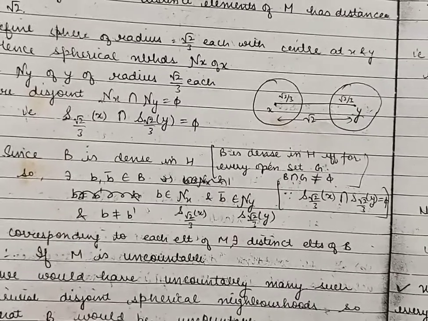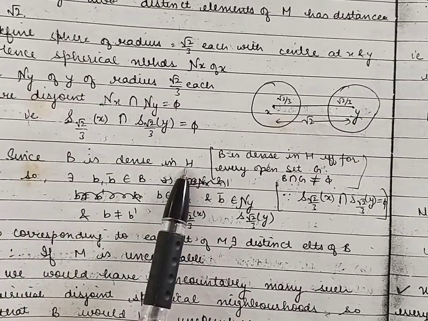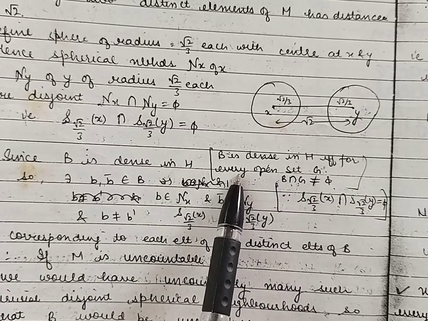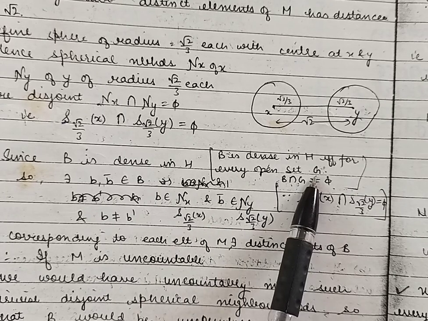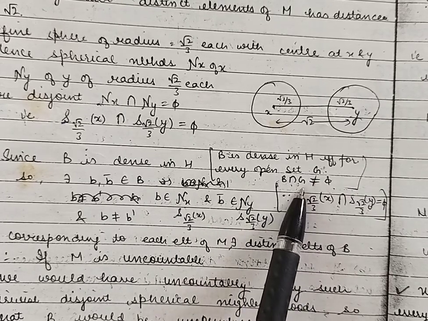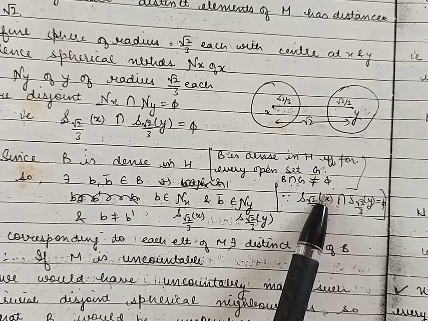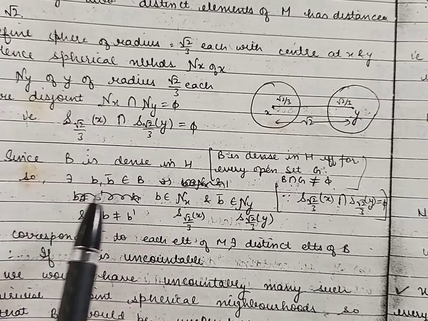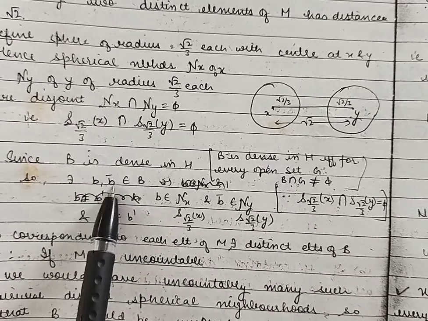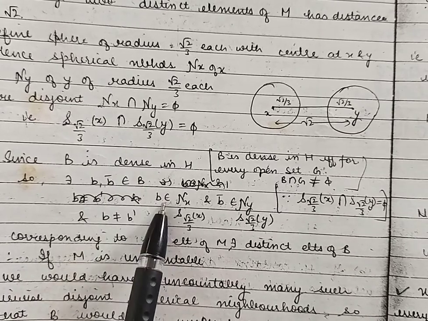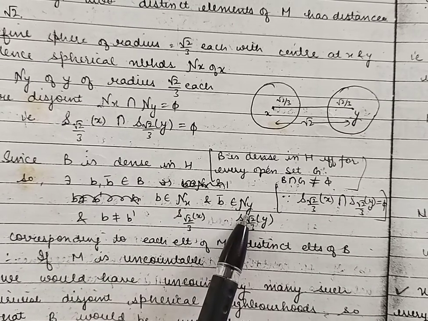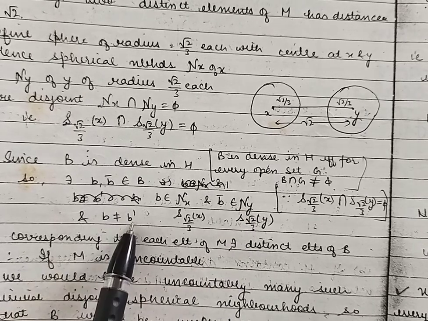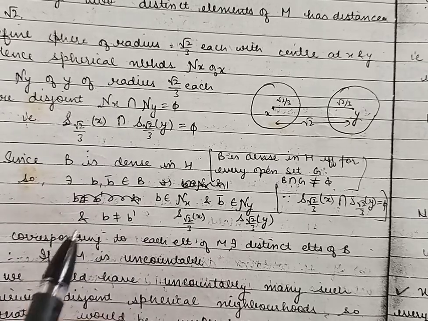Now because the set B is dense in H, and we know that a set B is dense in H if and only if for every open set G, the intersection of B and G is not empty, we can say that there exist elements b and b bar belonging to B such that b belongs to Nx and b bar belongs to Ny, where Ny means neighborhood of Y, and b is not equal to b bar.